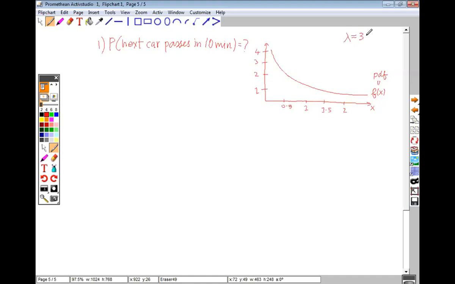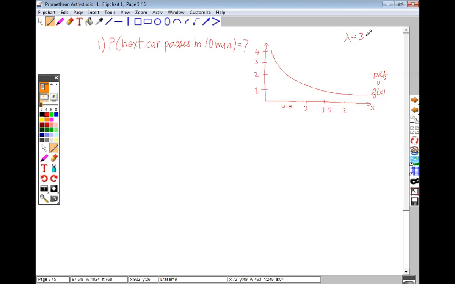When I say that my lambda is 3, it means that on an average, 3 cars pass within an hour from the toll gate. Does this make sense to everyone?